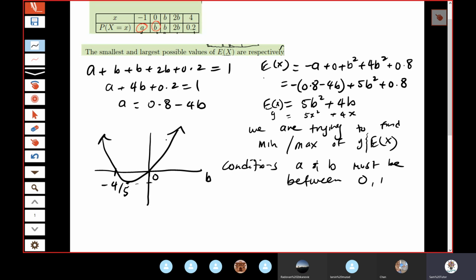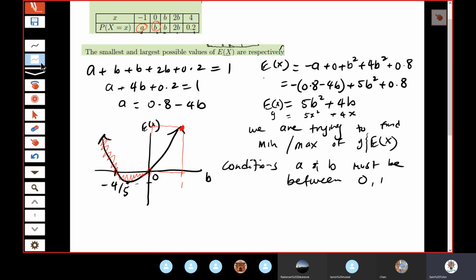So if this is b and this is E(X), and b specifically has to be between 0 and 1, I can get rid of all of this. This can't exist. B has to be between 0 and 1. It stops here. It doesn't go on forever.